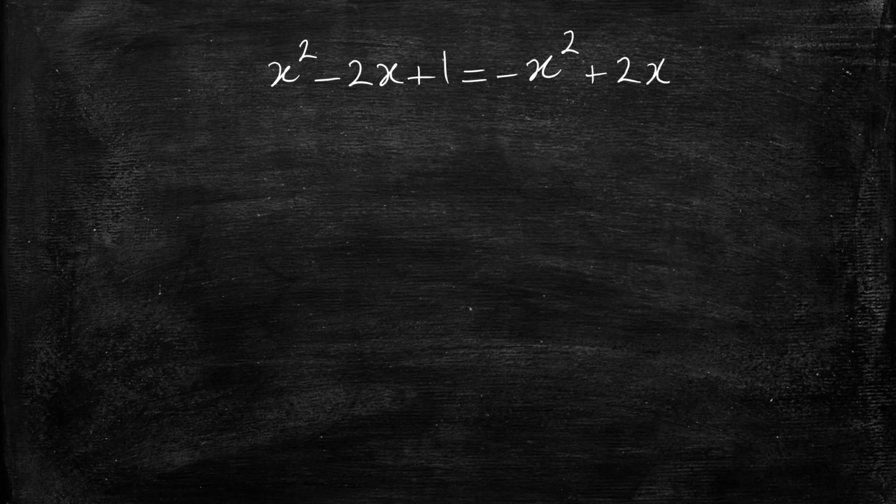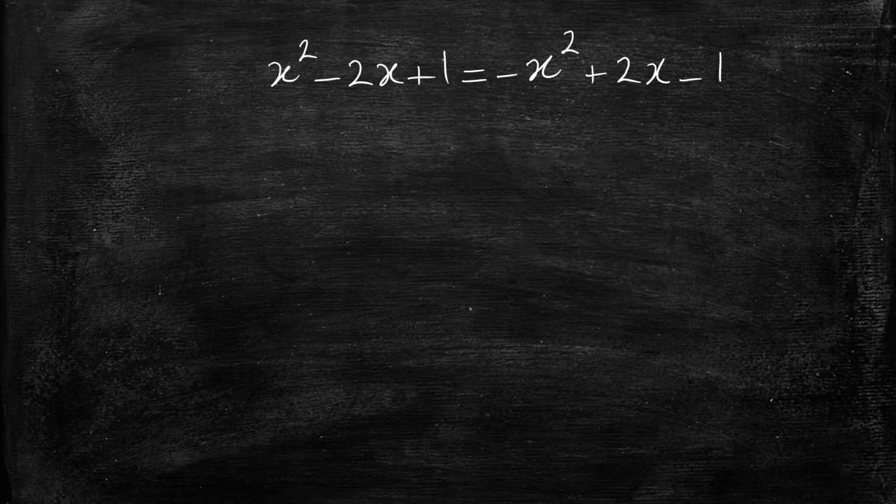All right, so we have this equation: x squared minus 2x plus 1 equals minus x squared plus 2x minus 1. We're going to solve this equation. So we have to take 3 steps.